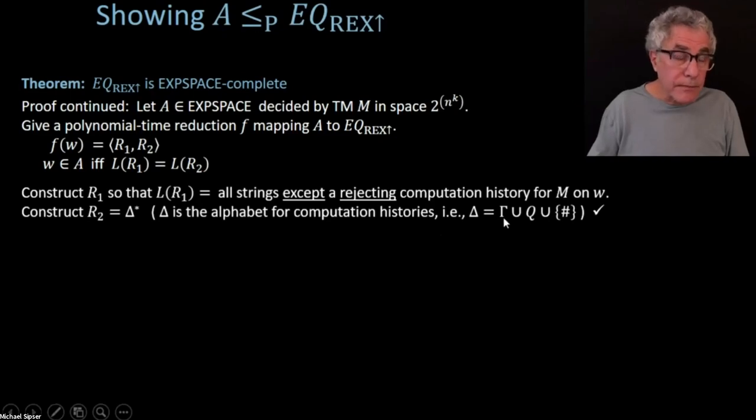So this capital delta alphabet is a tape alphabet symbol, or a state symbol, or a hashtag. That's just delta. I always feel bad if somebody gets confused by something that's supposed to be very simple. Don't get confused by delta star. This is just all possible strings over the alphabet delta.